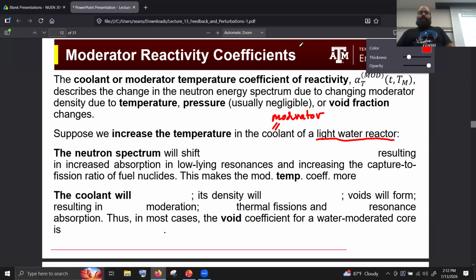So when I think about my neutron energy spectrum, we're imagining I've got this Maxwellian peak, then I've got the slowing down region, and then I've got my fission spectrum, where this is the thermal range, this is the intermediate range, and this is the fast range.